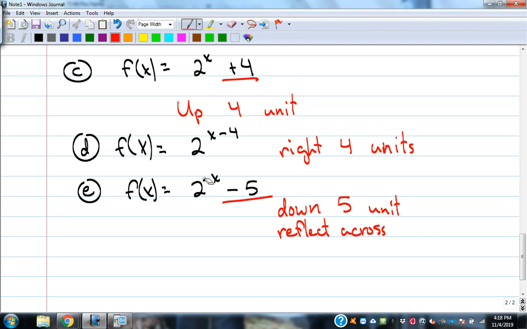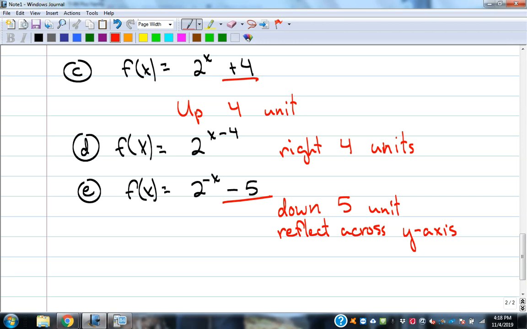And remember, on the inside is going to be a horizontal movement, so it's going to move it left to right. Remember, the things that happen to the x move it left or right. So a negative on the x there would be reflected across the y-axis. Those are a little confusing because we say reflect across the y-axis, but that's actually a horizontal movement, even though the y-axis goes up and down.